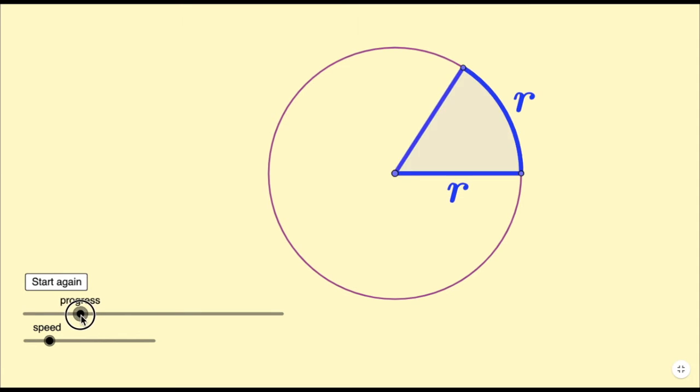So if I'm going to make another size of radius and rotate it along the circumference of the circle, here I'm going to have 2 radii, or twice the size of the radius, or better say, it is 2 radians.